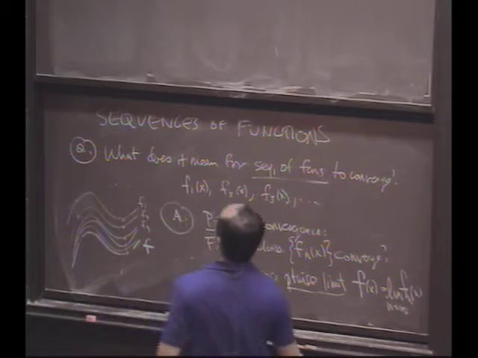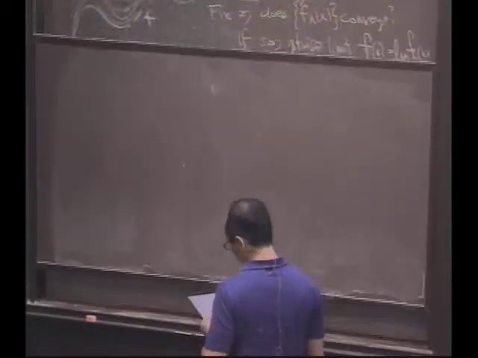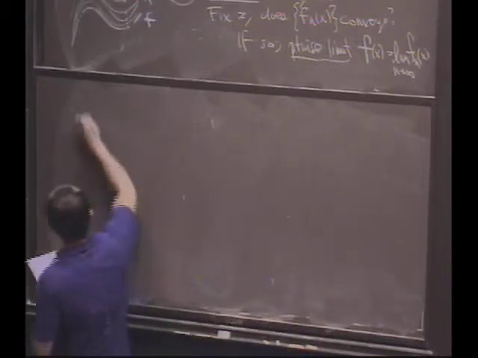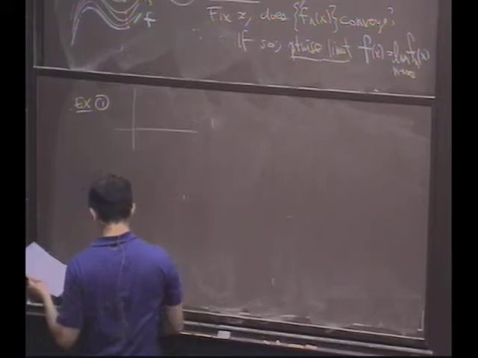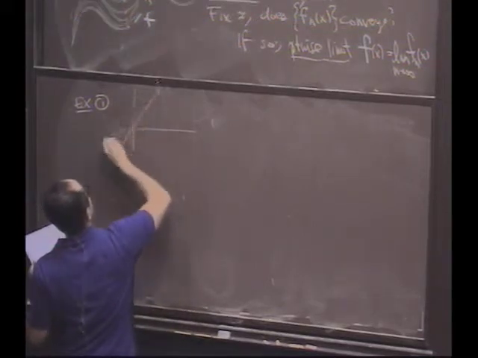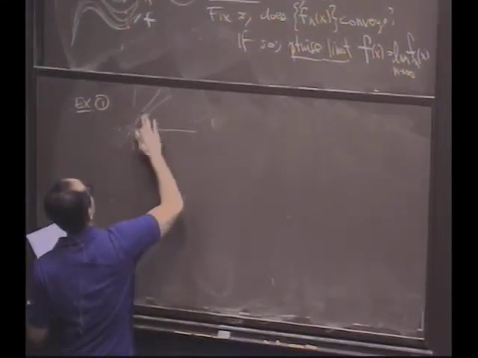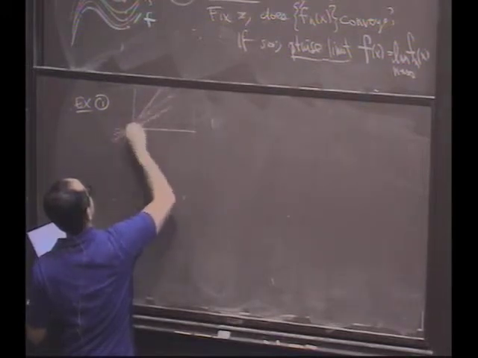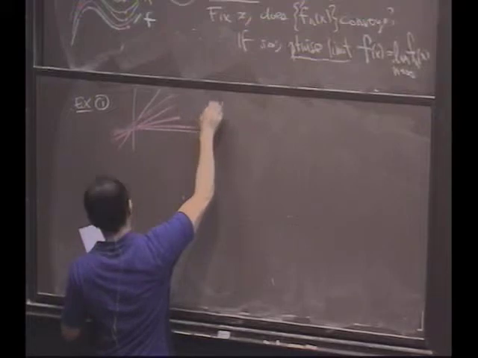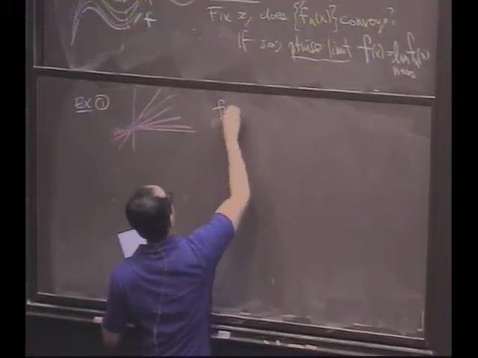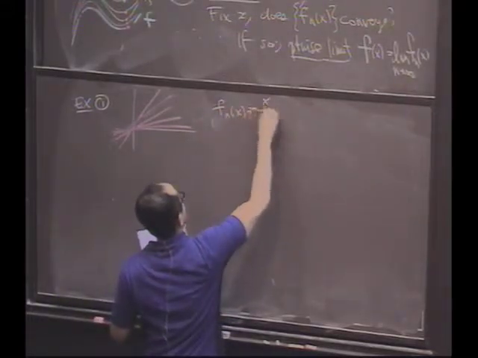Okay, let's explore this idea. Tell me what the pointwise limit of this sequence is. Example 1. Here's a sequence of functions, and here the functions are fn at x is x divided by n.